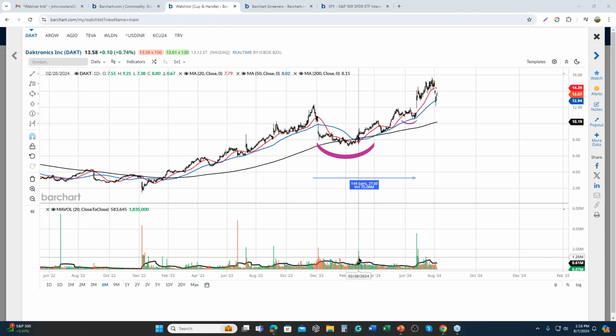Now there are variations. We could see something more of a sideways action, or you might even see an upsloping handle. But upsloping handles have a much higher failure rate. Think about this like a 2-liter bottle that has already been opened, right?